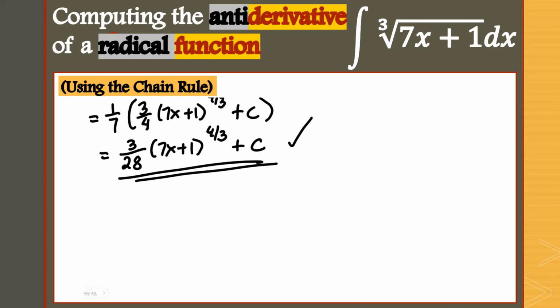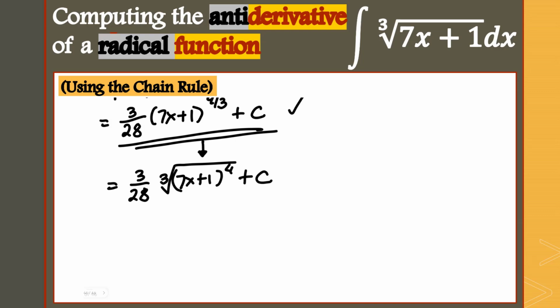But of course, if you would like to return to the original form of radical function, you have here 3 over 28, and this would be our index. So cube root of 7x plus 1 raised to the power of 4 plus c. But since this is more than that, we can still take a factor out because 4 is 3 plus 1.